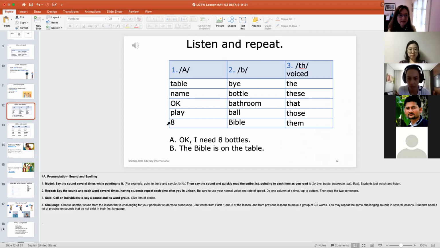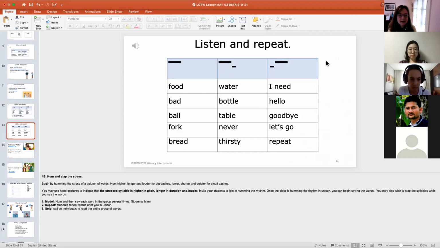Now, when we come to the second part, hum the stress, this is really important because getting the stress on the right syllable is going to make a huge difference in how well your students can be understood by others. And as Kezia said, in most languages like Portuguese, we pronounce all the letters of a word.